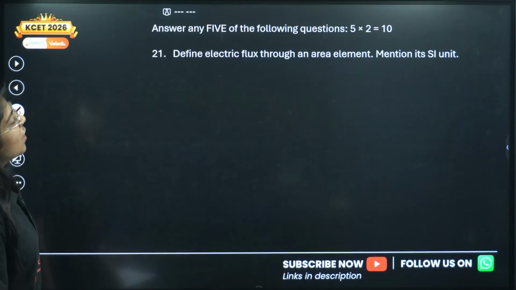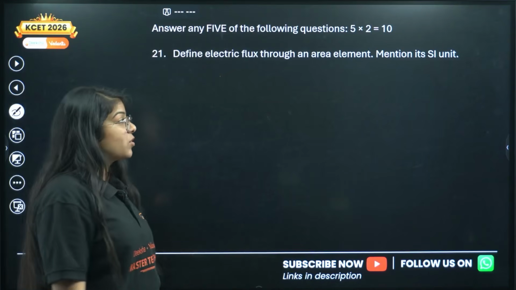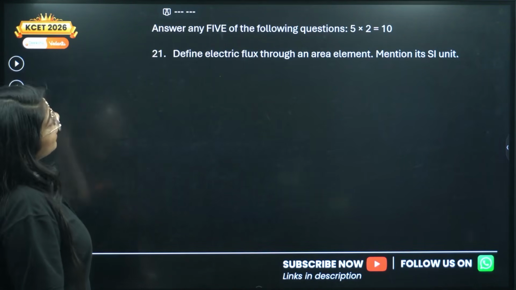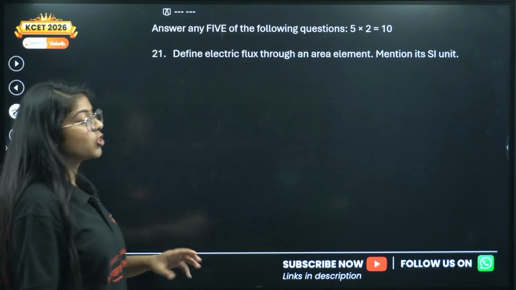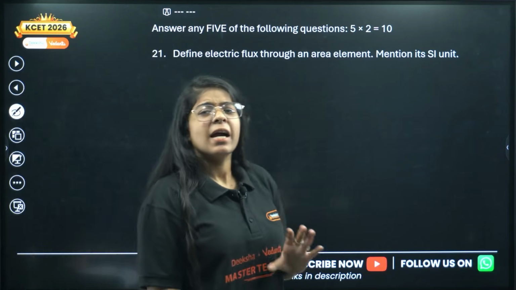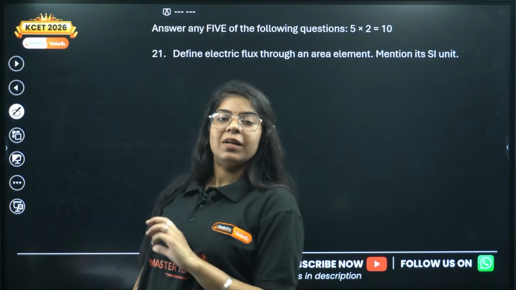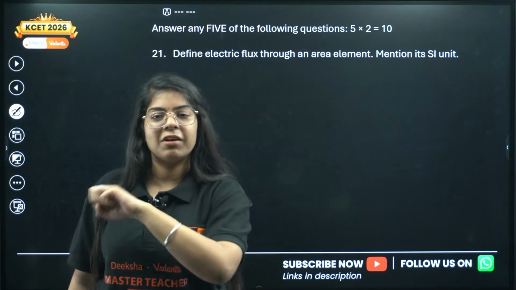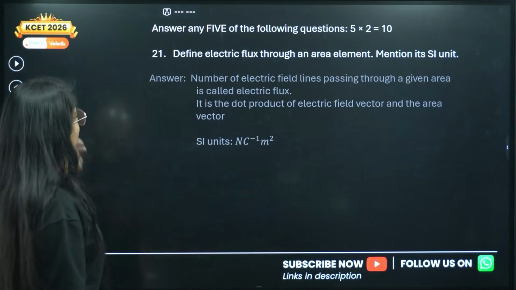We are moving to the 2 marks questions here. 21st question, it says define electric flux through an area element. Mention its SI units. Electric flux in general, we know it's just the number of electric field lines passing through that given area, that area element. So this is just a basic explanation.